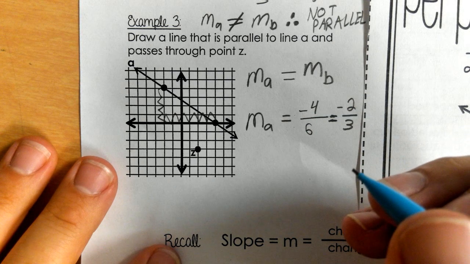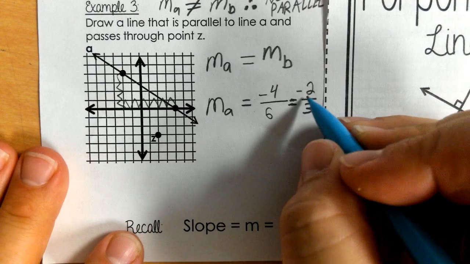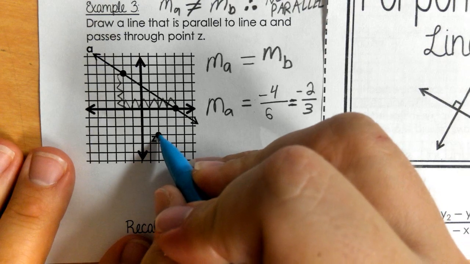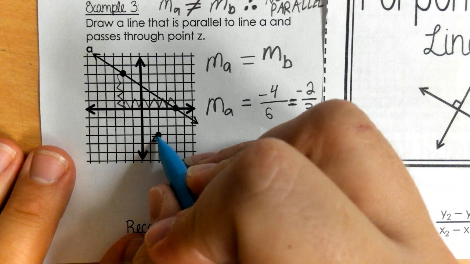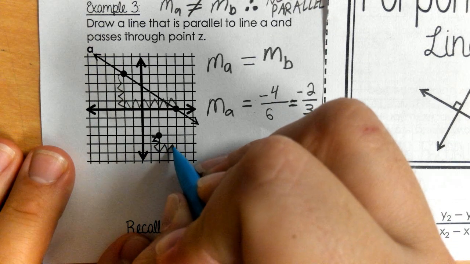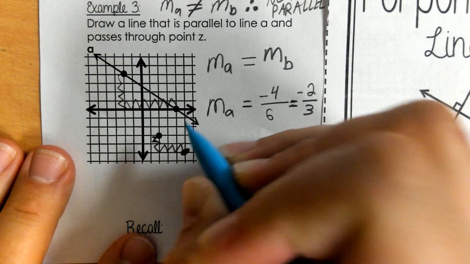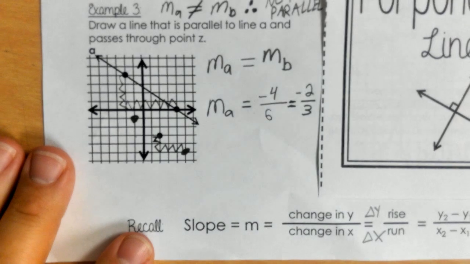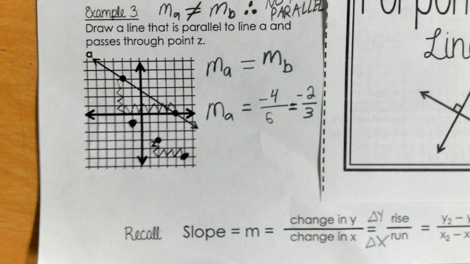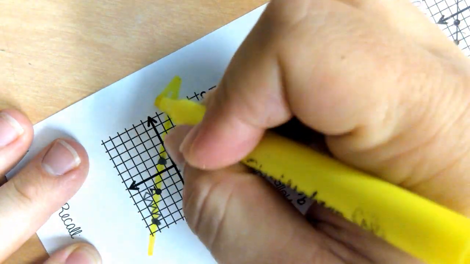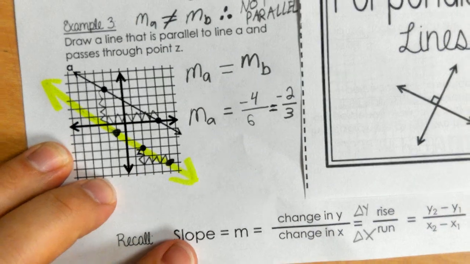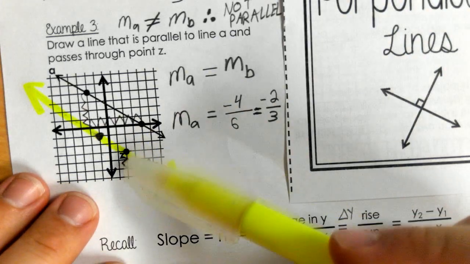I'm going to use this slope, -2 over 3, and I'm going to make sure that from Z it has the same slope. So I'm going to rise -2 and run 3. And that's how I would draw another parallel line. I use the same slope.